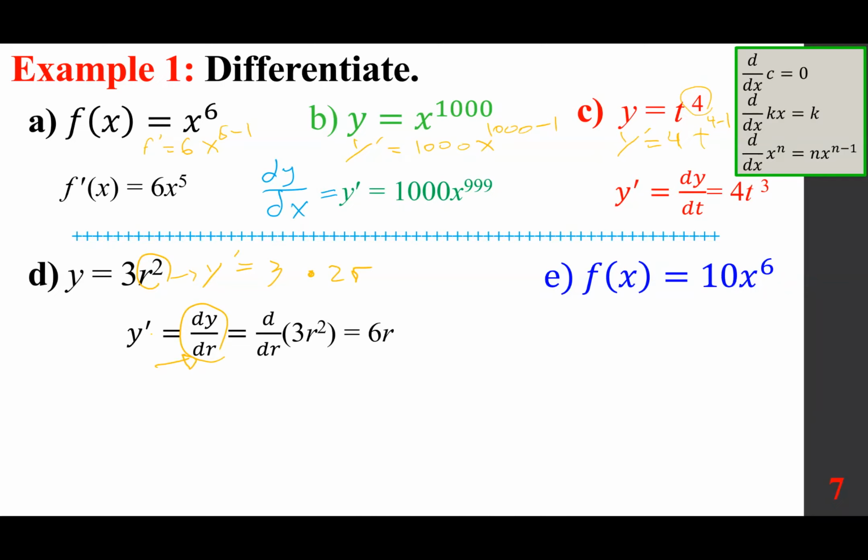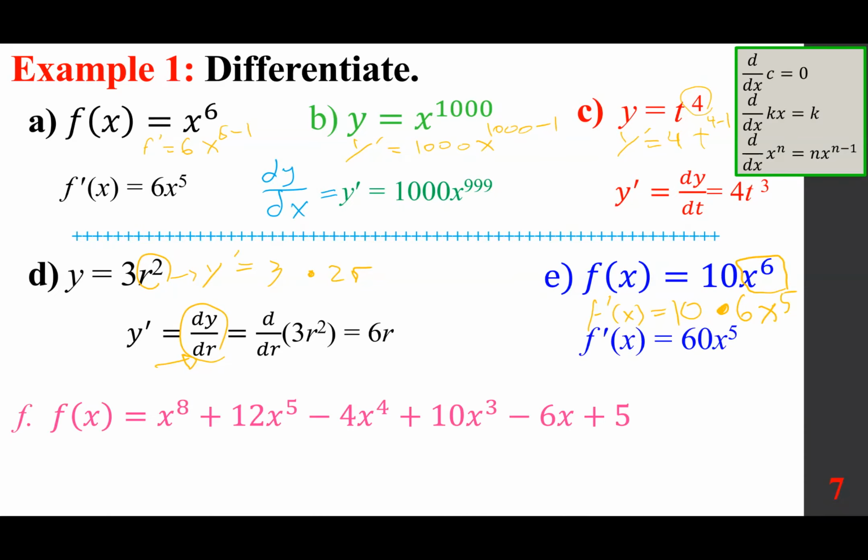Part E, what's the answer here? 60x to the fifth. Beautiful. So this part is 6x to the power of 5. So again, whether you want to write the intermediate step or not, this is a simple question, you don't have to.